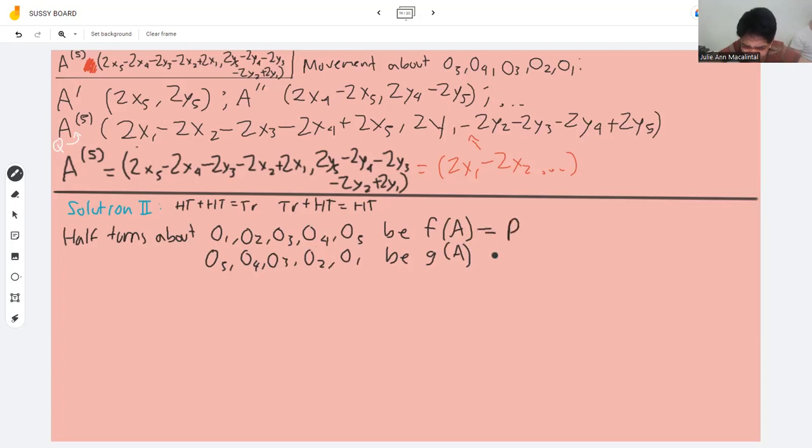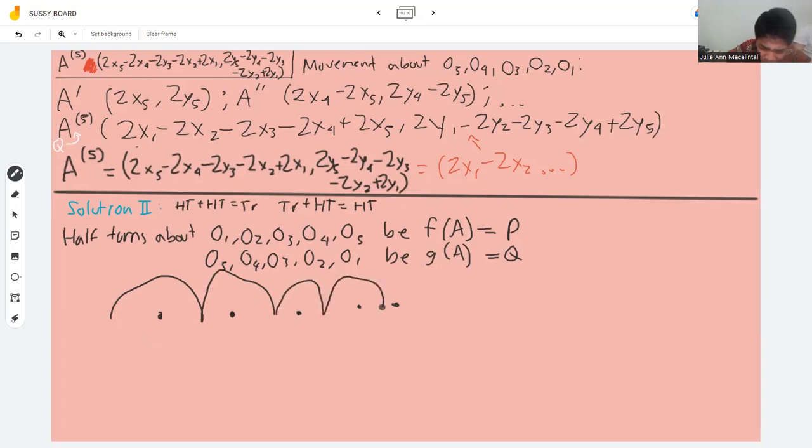So this is equal to P is equal to P. So F is a half turn because half turn about O1, half turn about O2, O3, O4, O5. So here, half turn about one, and then another one. That's an overall translation. Half turn about one, and then another one. So this is translation, another translation, and then a half turn. So that is a half turn overall.